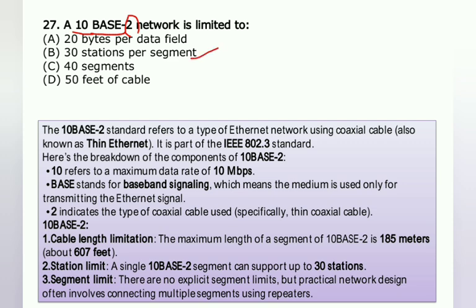So option B is the correct option here. The cable length limitation of 10-base-2 is 185 meters and the station limit is 30 stations. There are no explicit segment limits, but practical network design often involves connecting multiple segments using repeaters. So option B is the correct one.